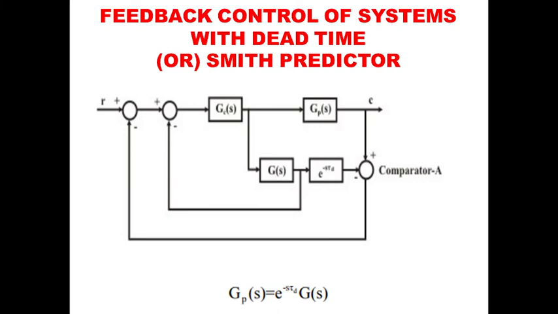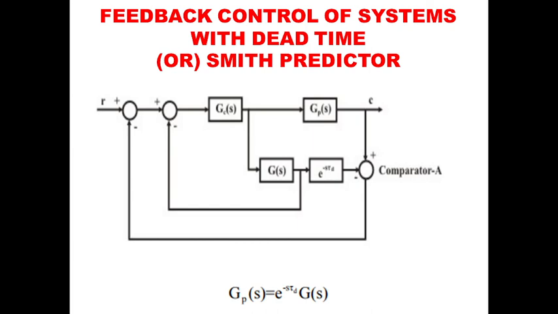The transportation lag compensation method was proposed by Smith. That's why this is called the Smith predictor.